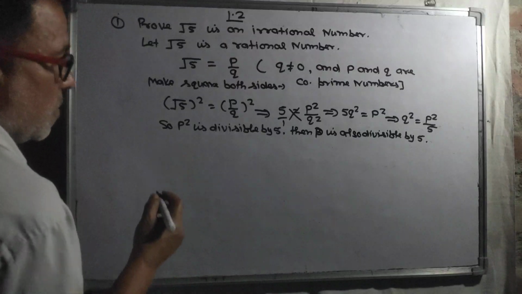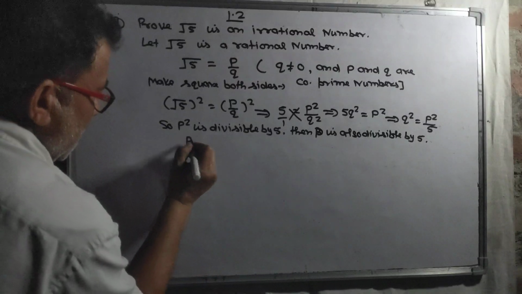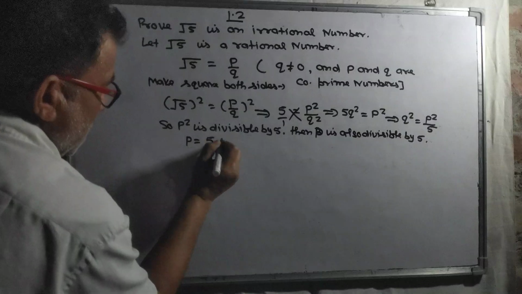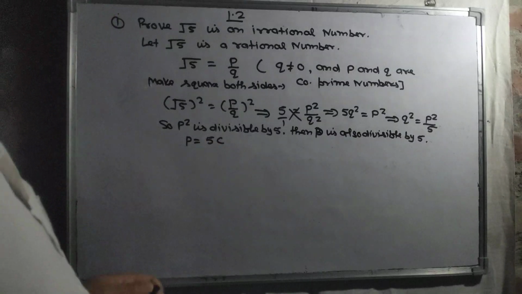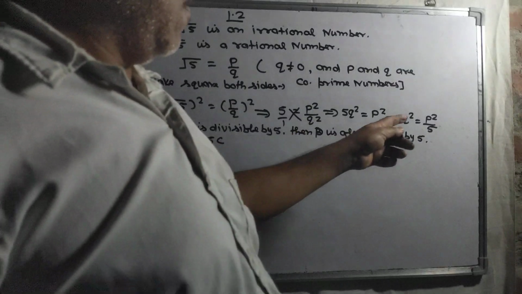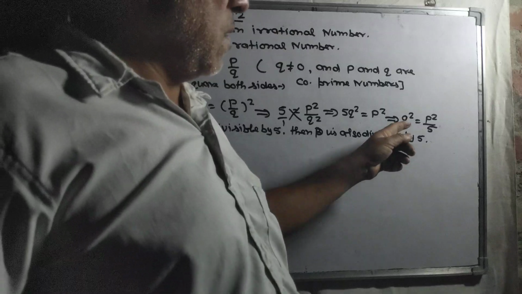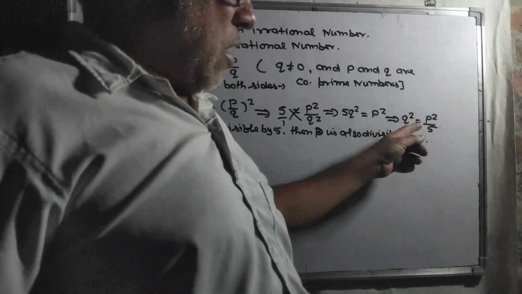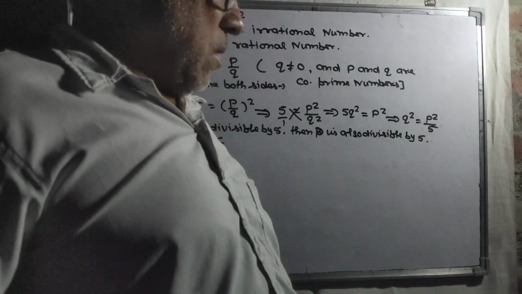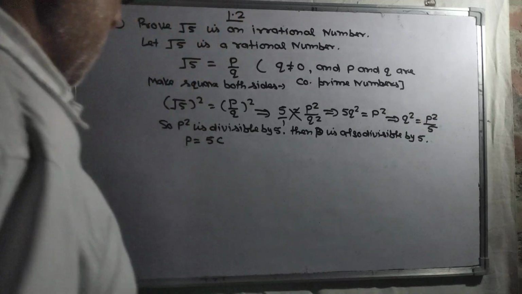So I take p equal to 5c, because I know that p square, like 5, 25, 10, 100, will be divisible by 5.